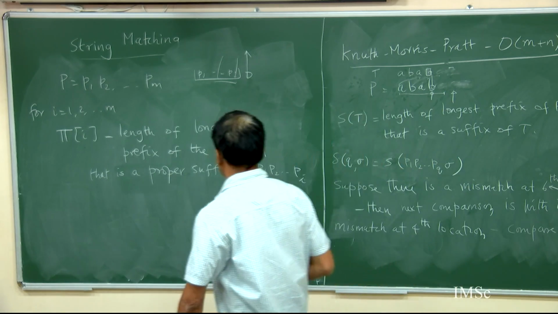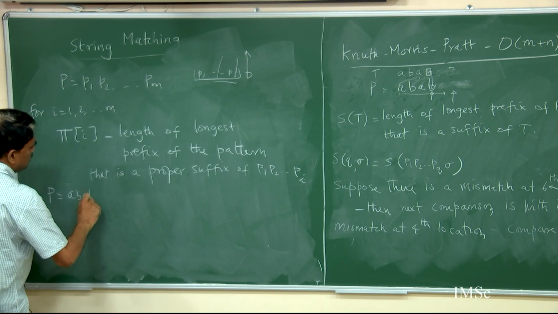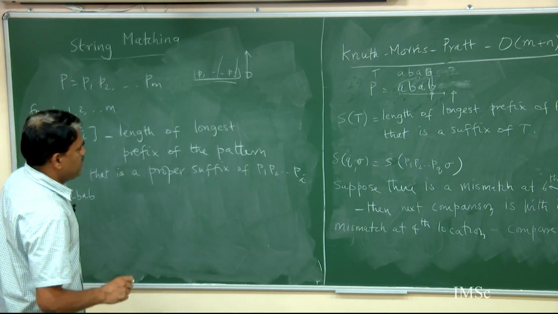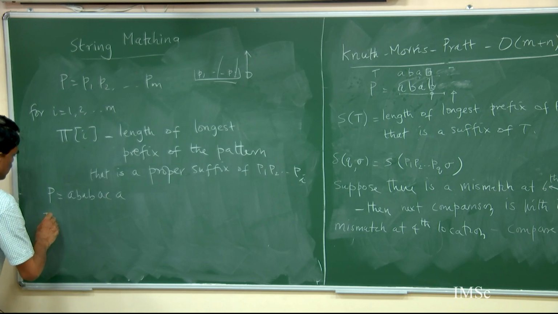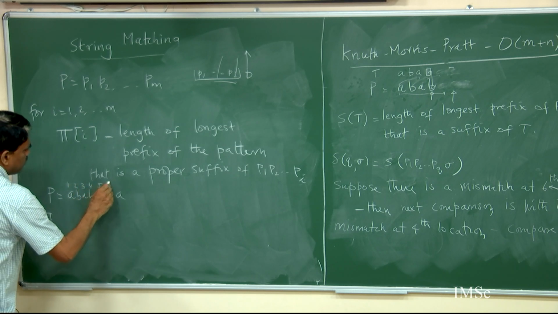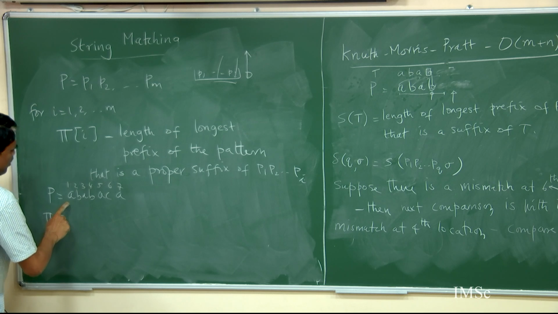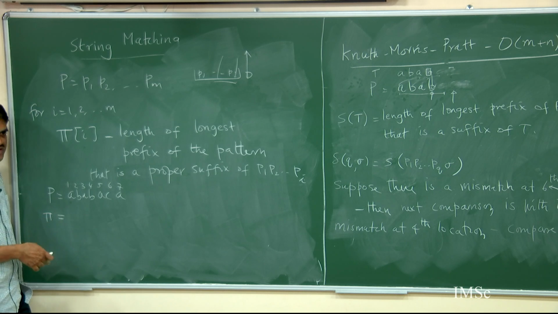So if P is ABABACA, what is pi of 1? Let us compute pi of 1, 2, 3, 4, 5, 6, 7. Pi of 1 is always 0, because I am looking for a proper suffix, so it has to be the empty string.